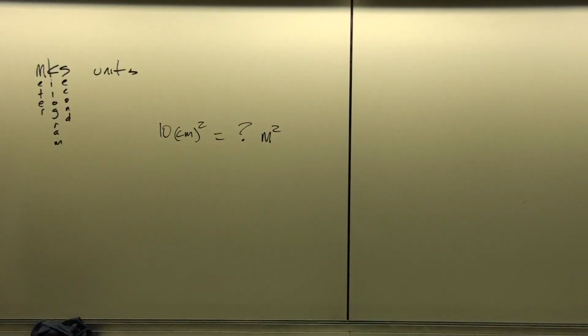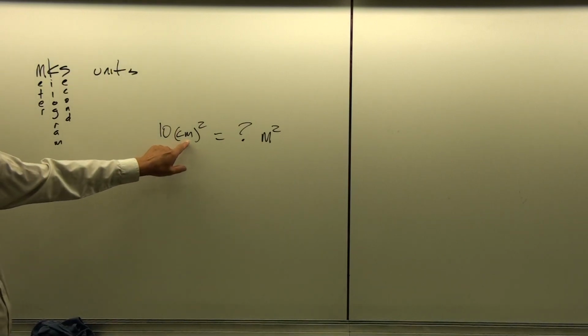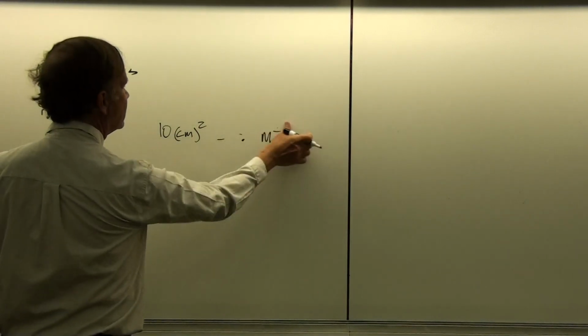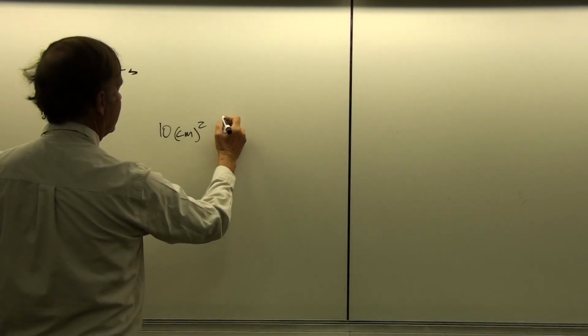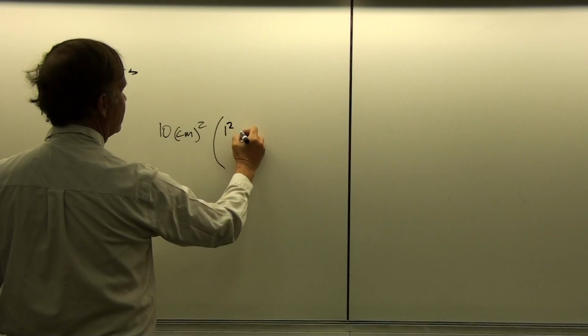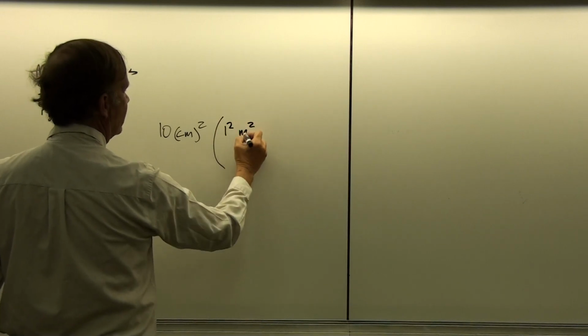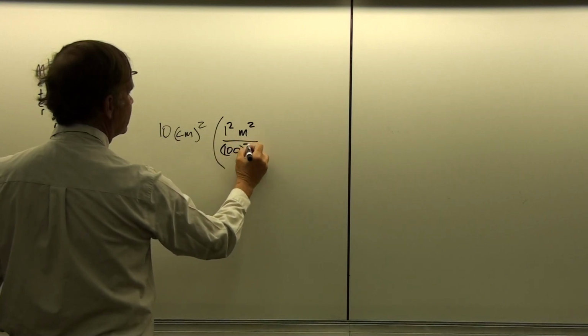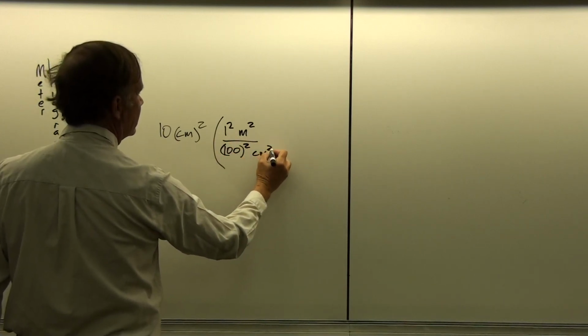Okay, so how would you do that? Well, 10 square centimeters is going to be just a small fraction of that in square meters. And so the way to convert is to write an equivalent form of 1, in which here you have the conversion factor, 1 meter squared for every 100 centimeters squared.